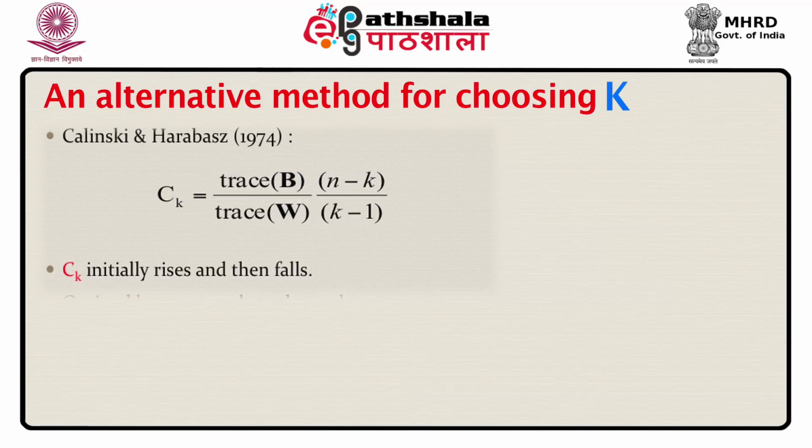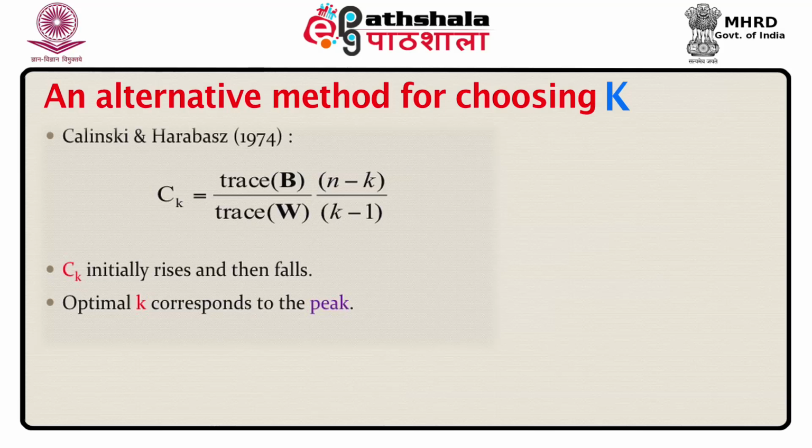If you plot Ck against K, you'd find that Ck initially rises and then falls. The optimal K is obtained at the peak of this rise and fall. Initially it would be sort of a quadratic curve which maximizes at some point, and the peak that you get would correspond to the best or optimal K. Why is this?